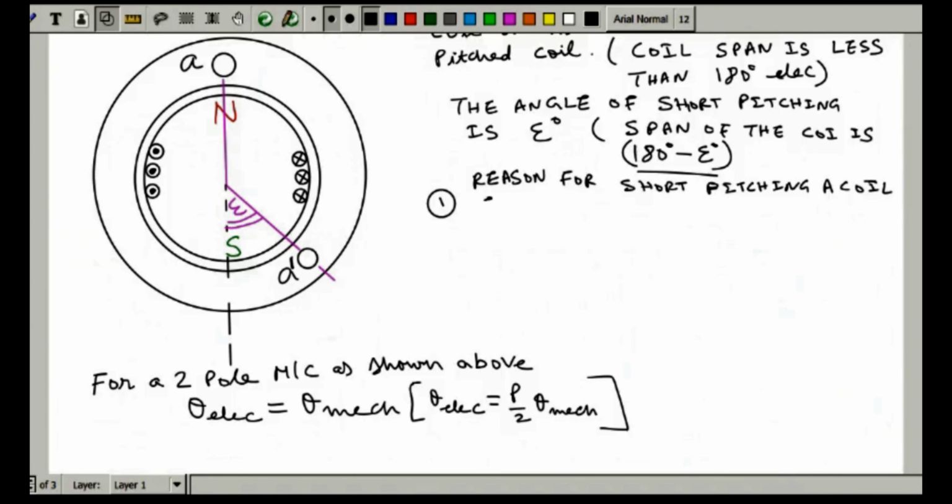Number one is elimination of harmonic EMF induced in the coil.